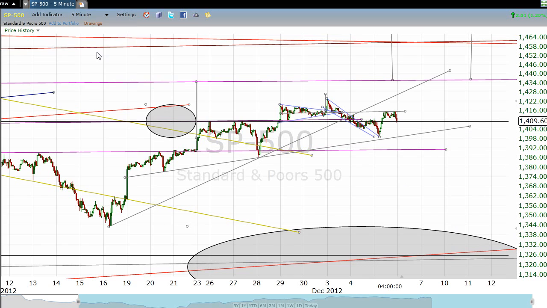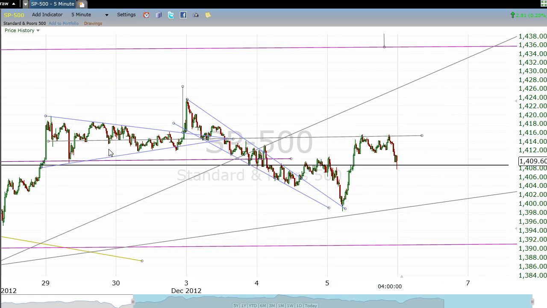And if we look at what happened today, we got a bounce right at that line and also right at the back test of this channel, this upper resistance line in this little descending wedge. Now, if you want to get fancy, you could also say that's pretty much also a back test of this support line.